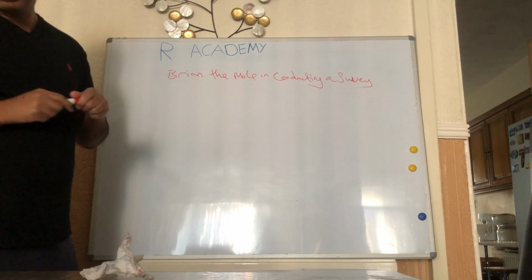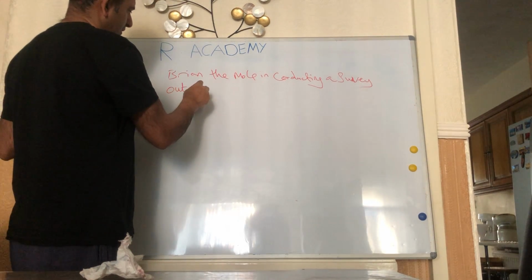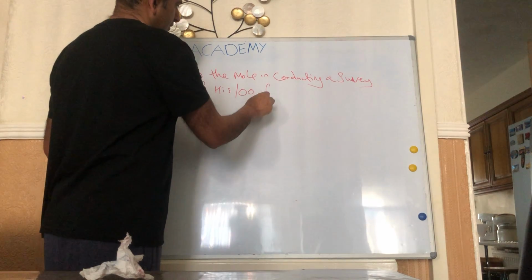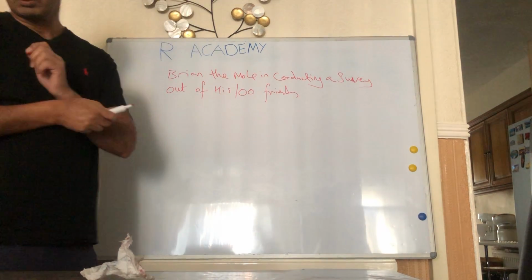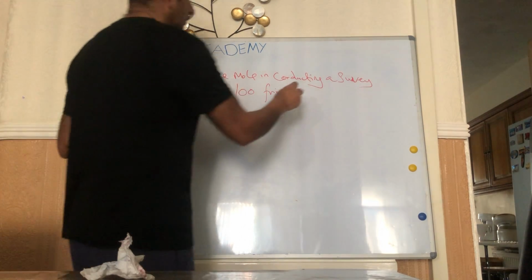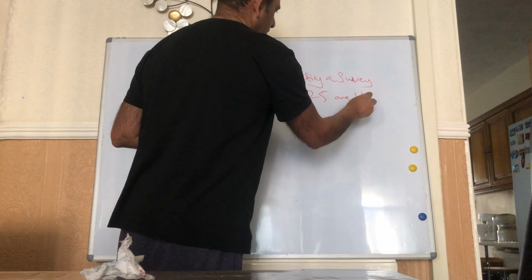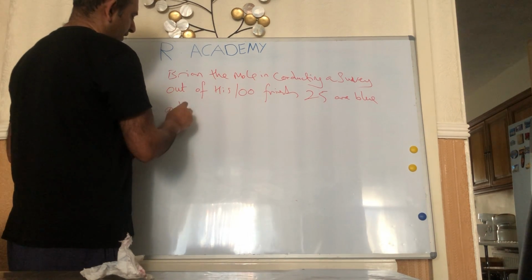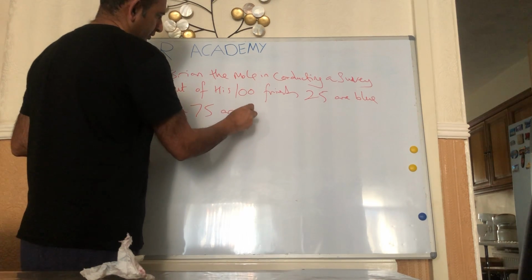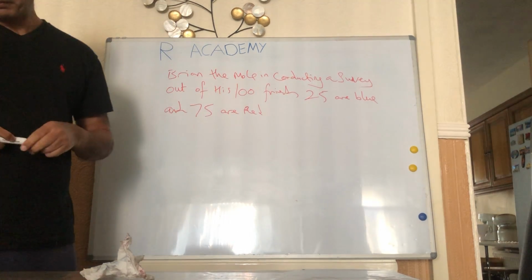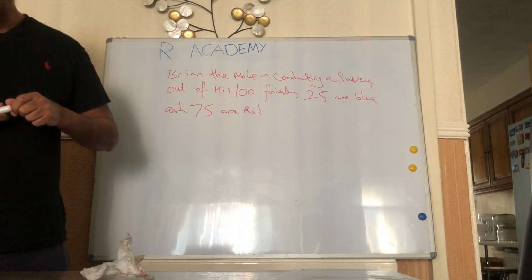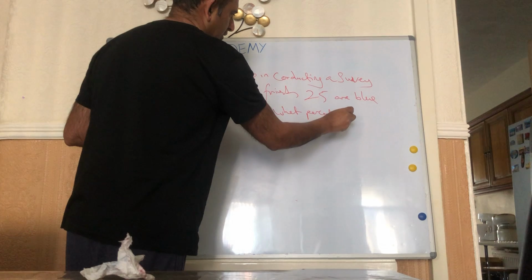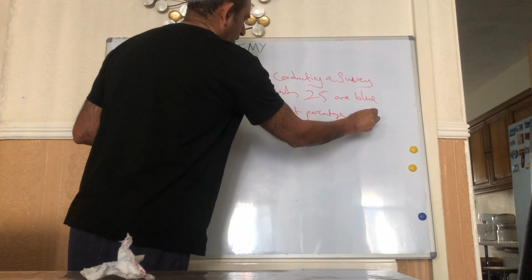Out of his 100 friends, 25 are blue and 75 are red. What percentage are blue?